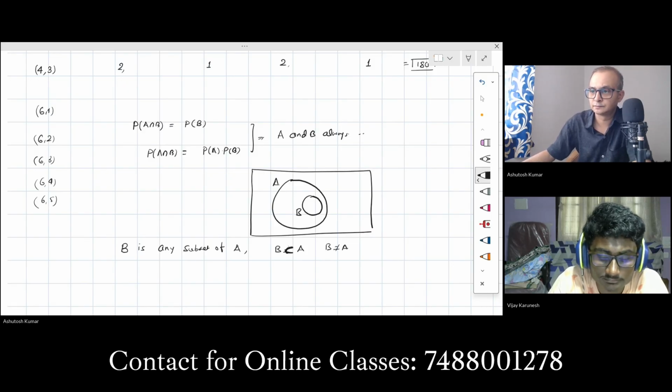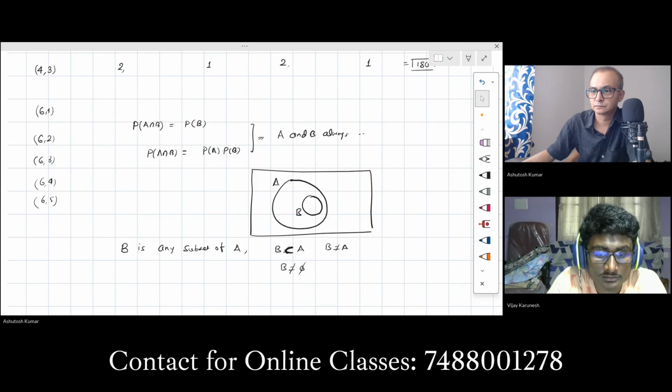Also B cannot be empty, B cannot be the null set. So if I have n elements in a set, how many total subsets can you construct? 2 to the power of n.